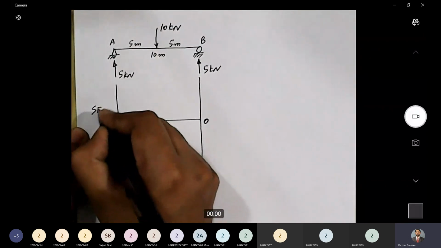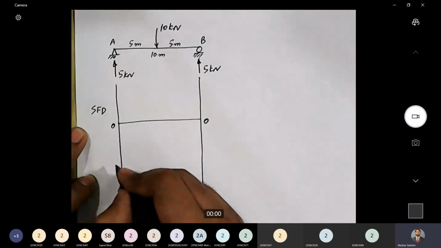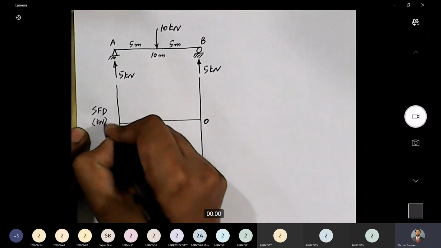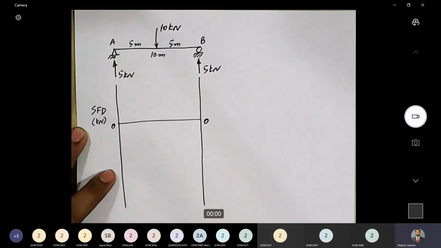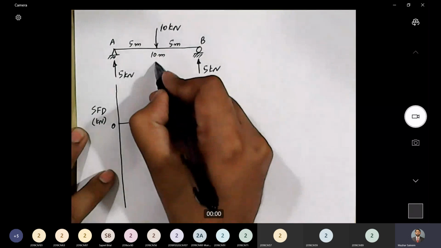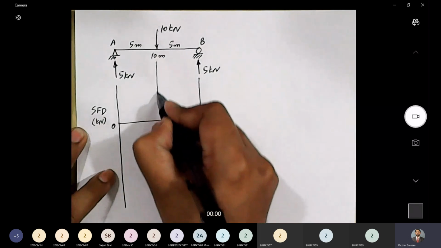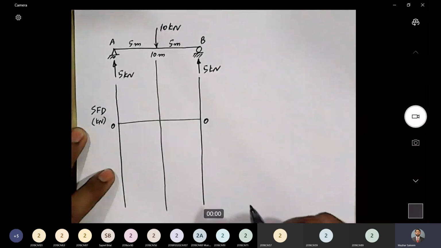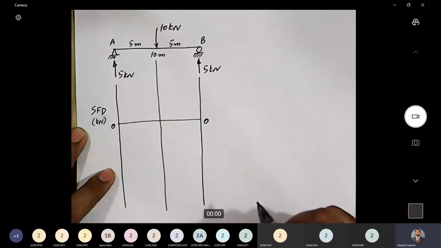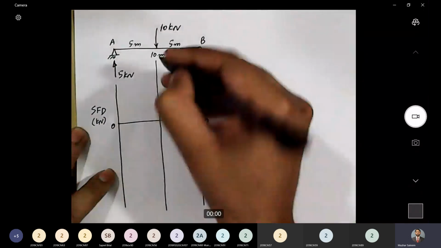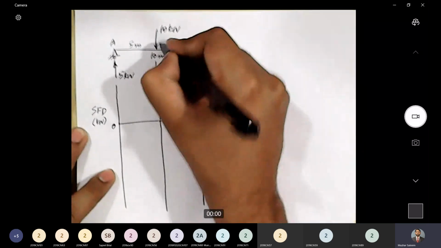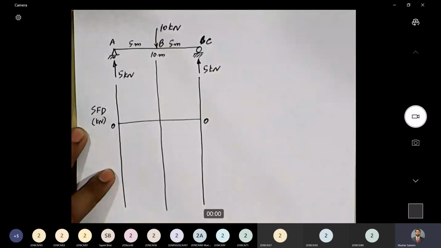We are going to draw the shear force diagram, abbreviated as SFD, and the units that we will consider are kilonewton. We will draw another guideline under the point load because there will be variation in SFD and BMD under this point load. What was our nomenclature? We did not call this point B, we call this C, and this point is point B.